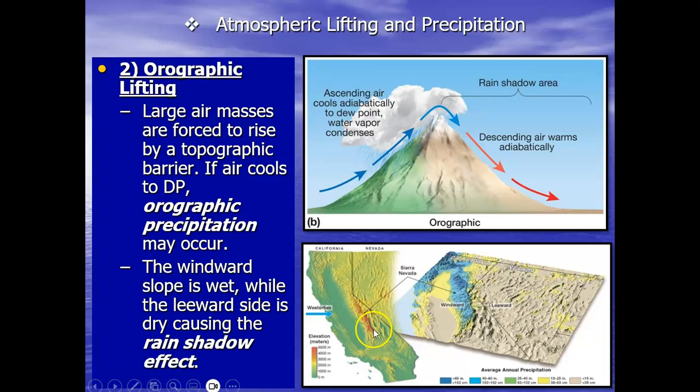You see that here in this image where you have your Sierra Nevada mountains. Moist air in the westerlies coming over the Pacific Ocean is going to cause the precipitation to be released before getting to the other side of the mountain. And then as air descends and warms, it will reduce its humidity and you get drier, warmer air.